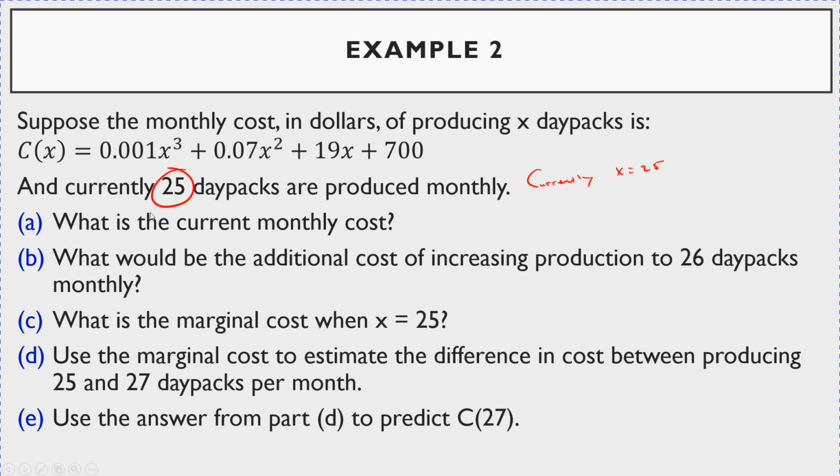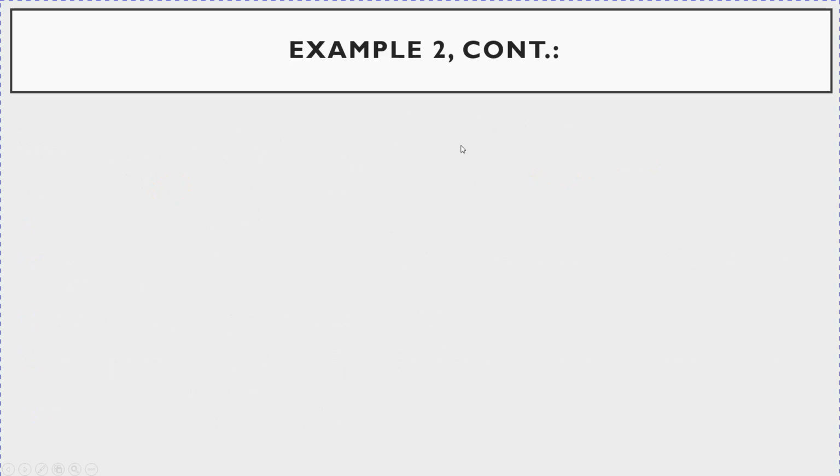So first off, what is the monthly cost? Well, if they're producing 25, you're just going to take 25 and plug it right into the cost function. So for the monthly cost, you take x equal to 25 and plug into the function.